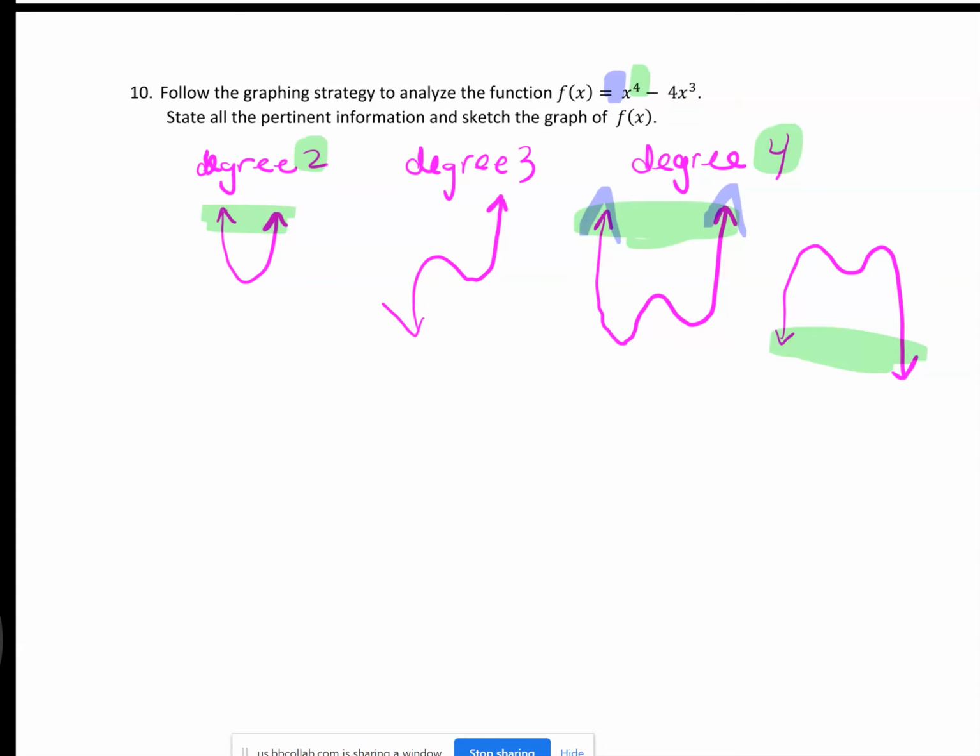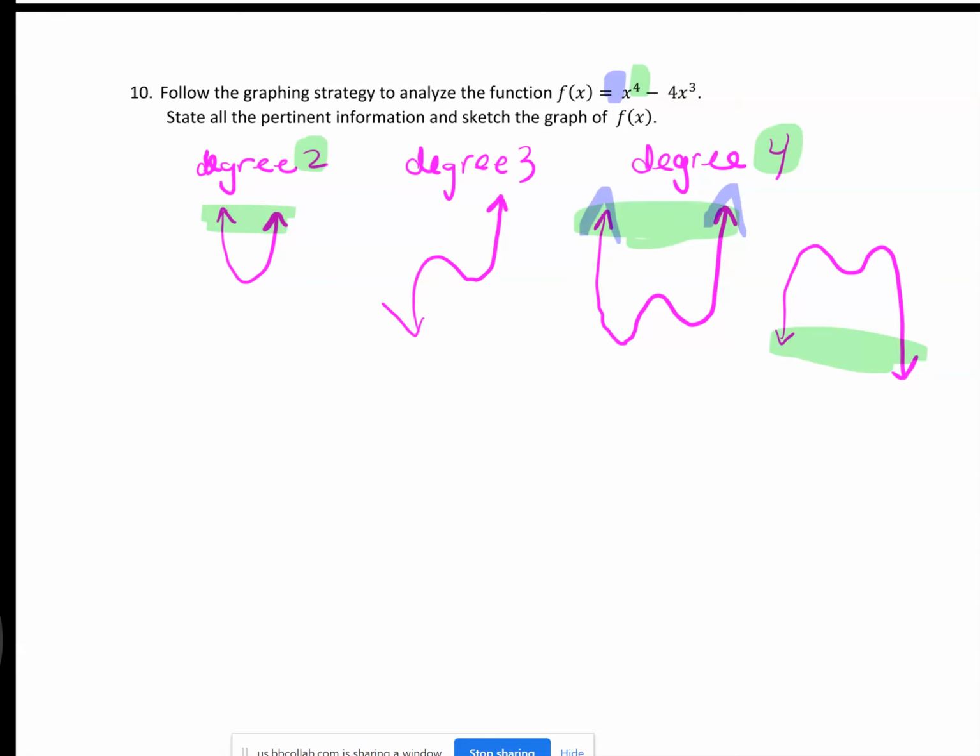You would also want to state the domain of the function, but since you're only going to be asked to graph a polynomial function, the domain will always be all real numbers. So you don't have to worry about that so much. But you do need to find these x-intercepts and y-intercepts. So this is algebra. So x and y-intercepts both involve a 0, but one time the 0 is going to be the input, and one time the 0 is going to be the output.